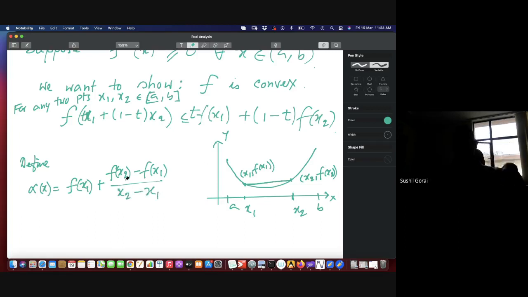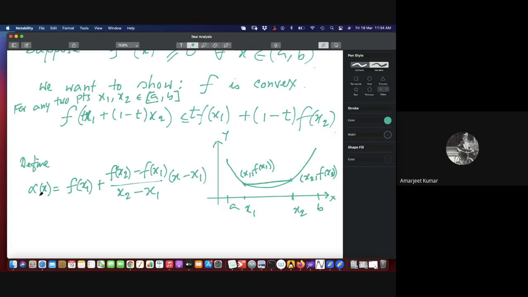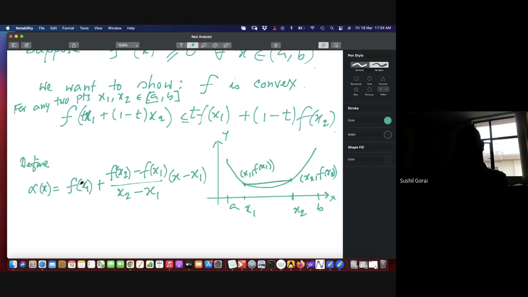If you put f x1 minus f x2 by x1 minus x2, that is also fine. And here x minus x1. Is this correct? Yes. So y minus y1 is this, y2 minus y1 by x2 minus x1.